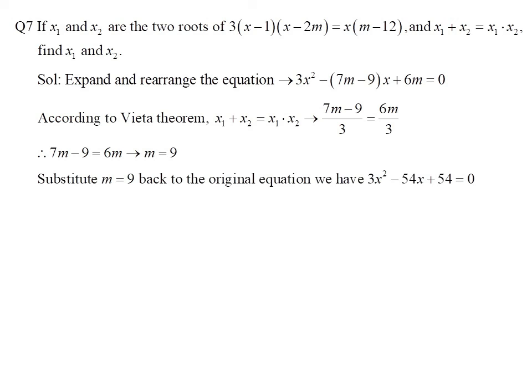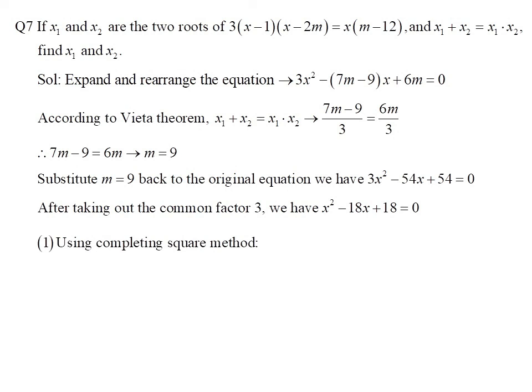The next step is to substitute the value of m back into the quadratic equation. After rearranging, we have the quadratic equation in its standard form. Then we use the completing square and the quadratic formula method to solve this equation. As for the completing square method, we add a constant which can form a complete square together with the quadratic and the linear terms.